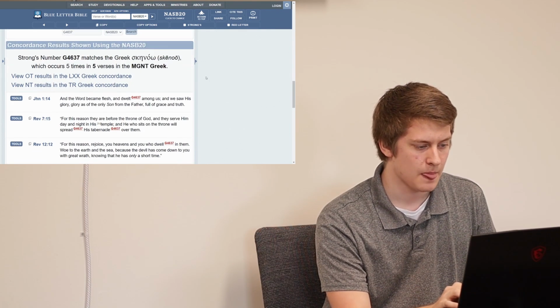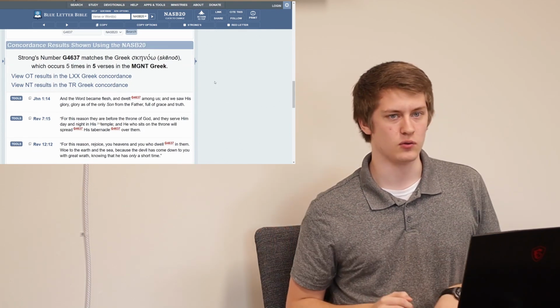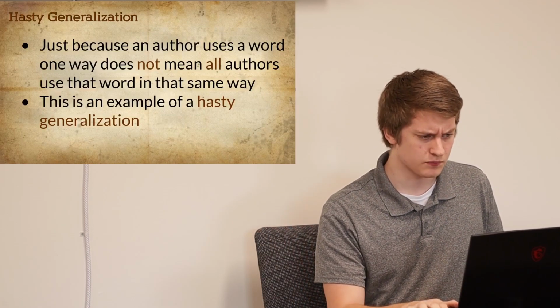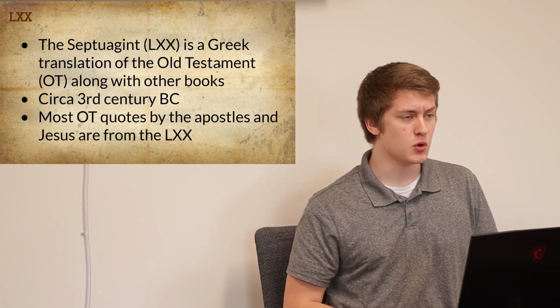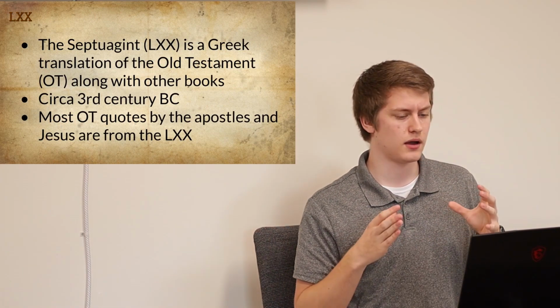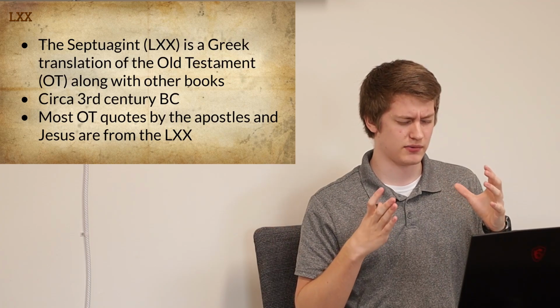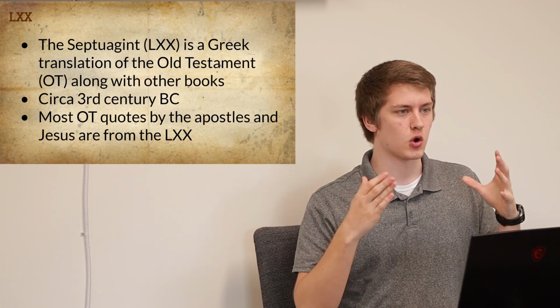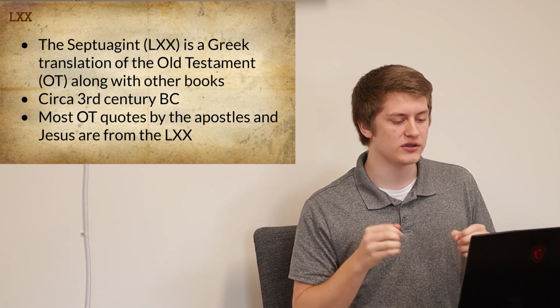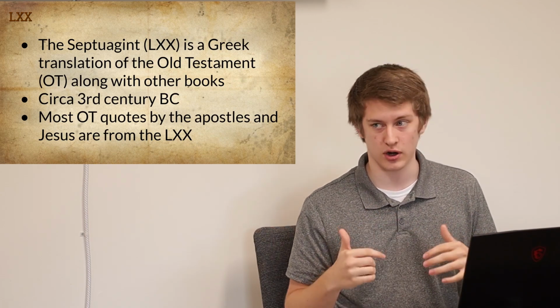And this is what I want to go back and talk about: the Septuagint. The Septuagint, usually shortened to just LXX, is a Greek translation of the Old Testament along with other books.